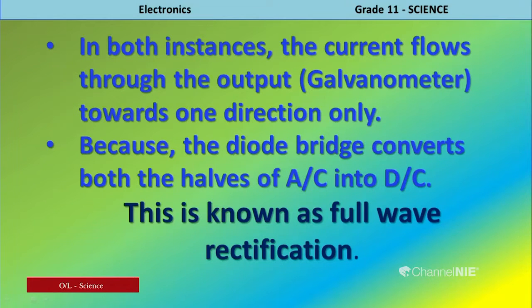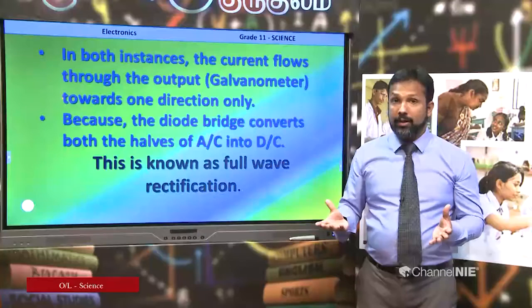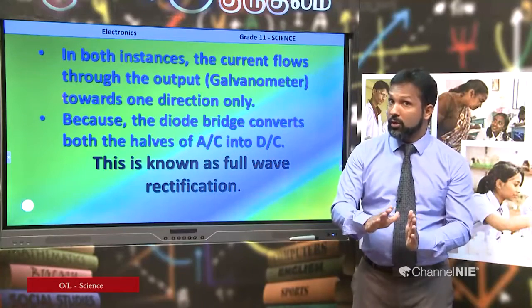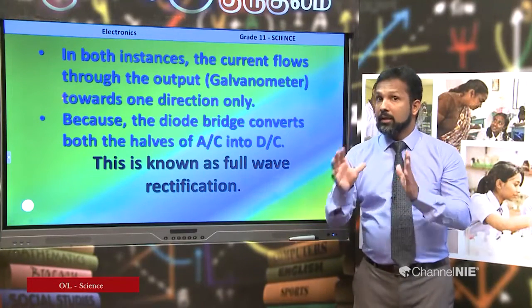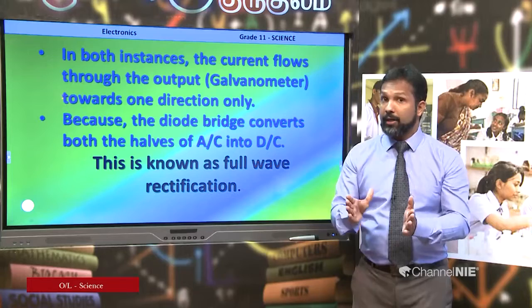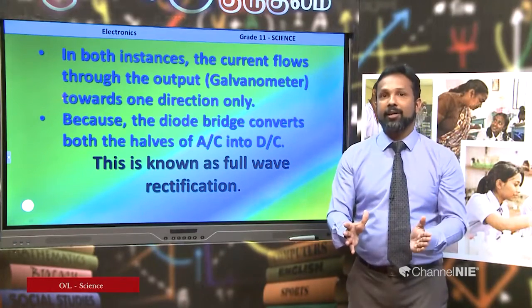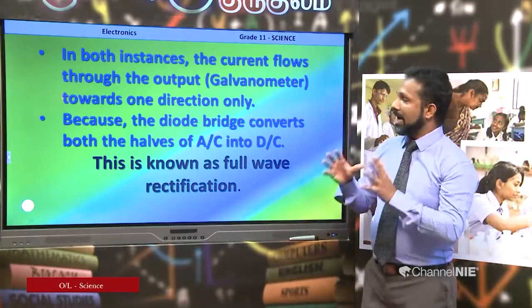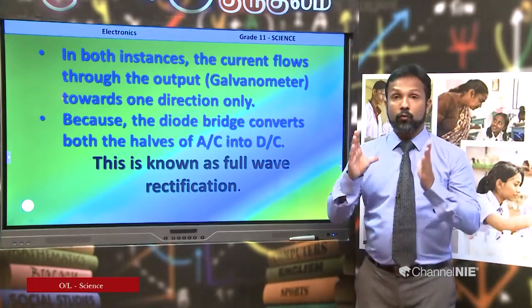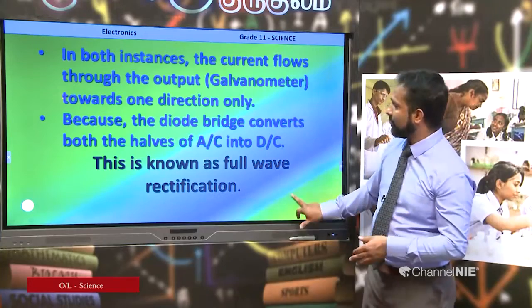This is known as full wave rectification, as it converts not only the positive, not only the negative half, the diode bridge converts both the negative and positive halves of the AC current into direct current. As a result, we call this full wave rectification. Right.